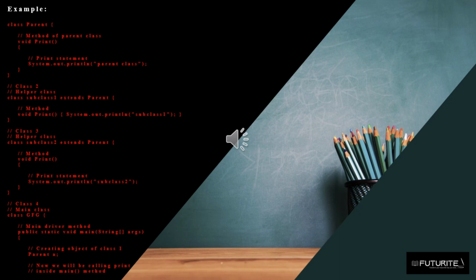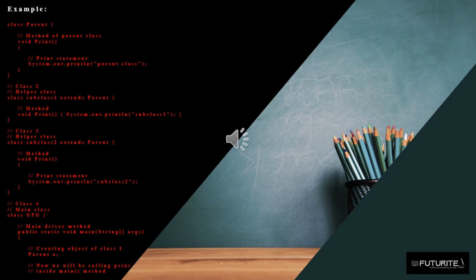The GFG class is the class under which the main function is being called. Subclass 1, Subclass 2 and Parent are outside the scope of the GFG class, so if we want to use the methods of these classes, we need to call them inside the main class in order to get them executed.